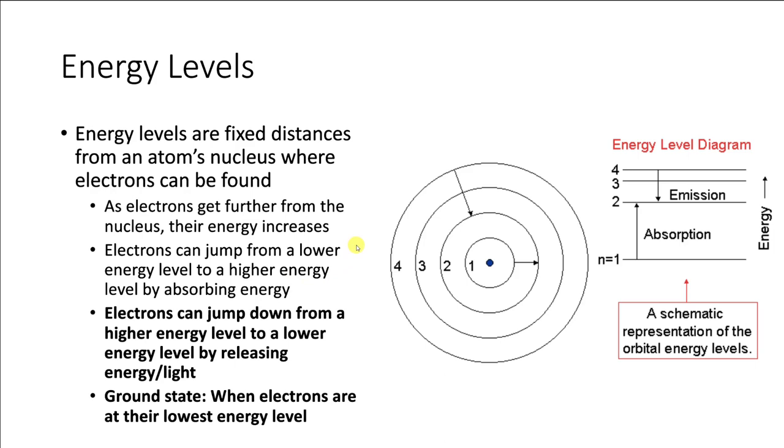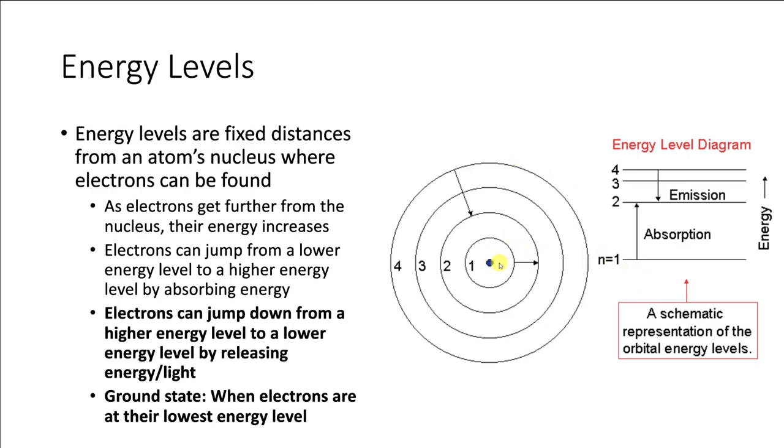Likewise, if they drop down from a higher energy level, they'll release energy via light, and that drops them back down to their ground state eventually. So basically, some sort of energy gets deposited into the electron. The electron will jump all the way out here, and unless that source is continuously fed to the electron, it will eventually bounce back down to its lowest energy level, or ground state.